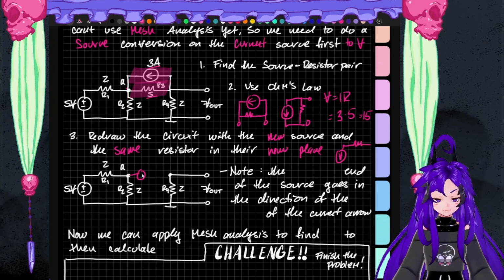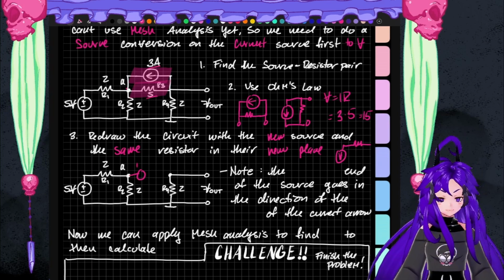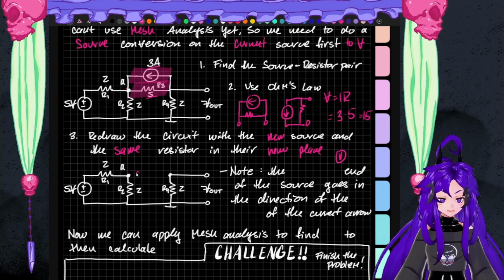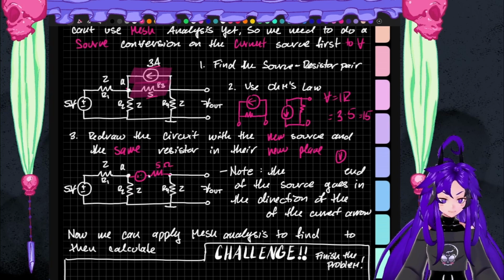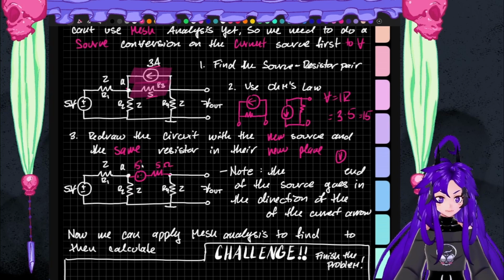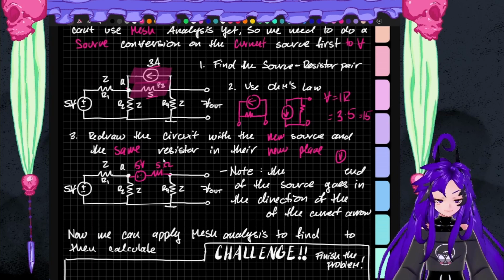And the voltage, plus minus, actually the plus minus is supposed to go into the circle. There we go. In series with the same resistor. So still going to be 5 ohms. This one is going to be 15 volts though. And it's because it works out correctly.